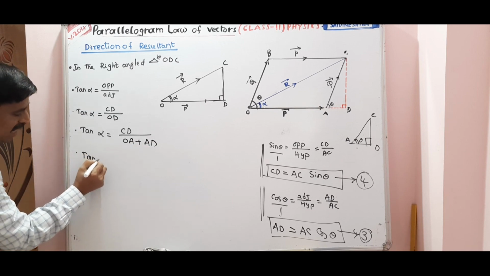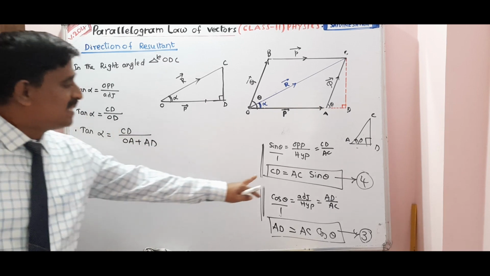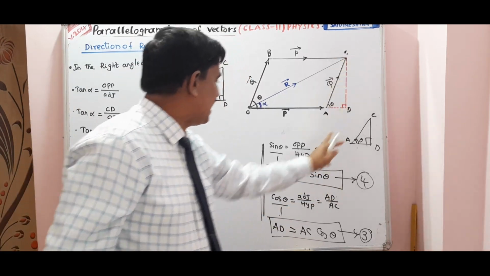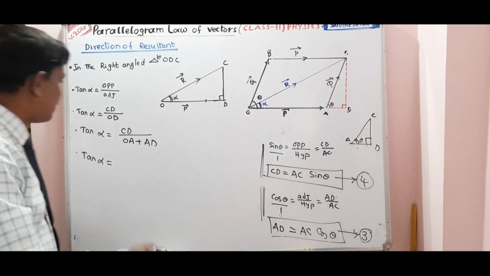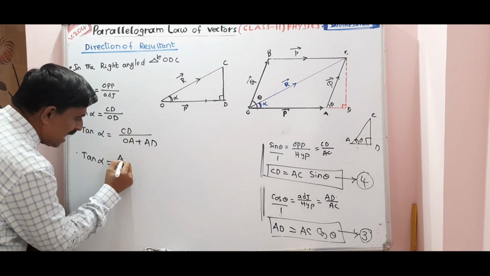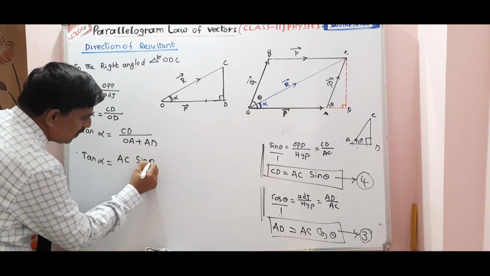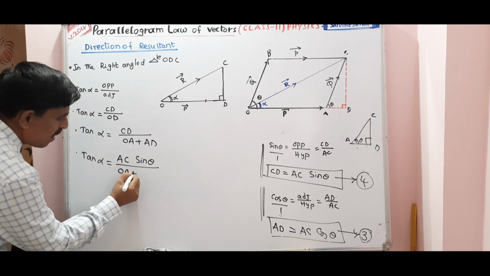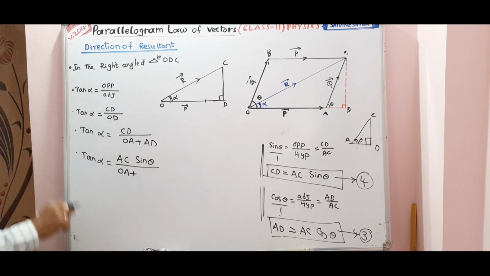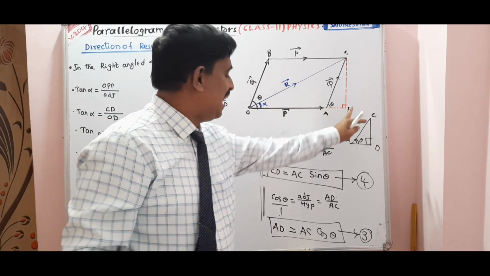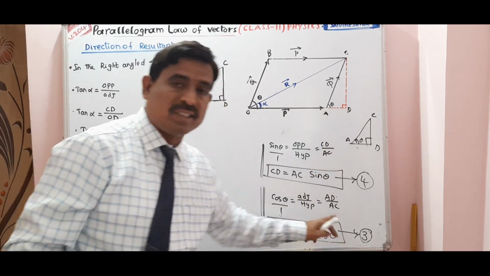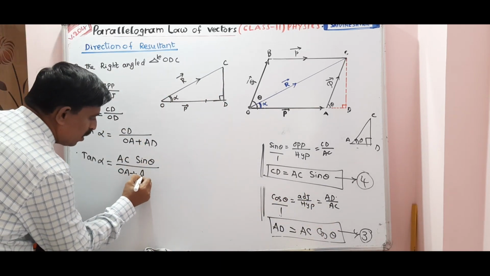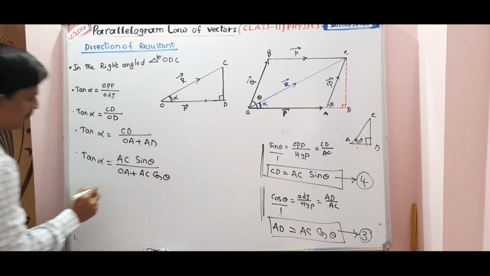Tan alpha is equals to CD, and CD is equal to AC sin theta, by OA plus AD, and AD is equal to AC cos theta.